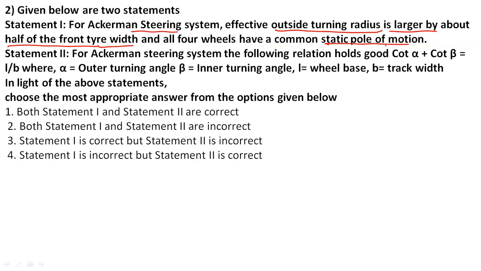So this statement is correct. For the Ackermann steering system, the following relation: cot alpha plus cot beta is equal to L by B, where alpha is the outer turning angle, yes it is correct, and beta is the inner turning angle.